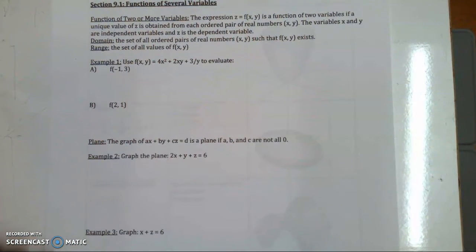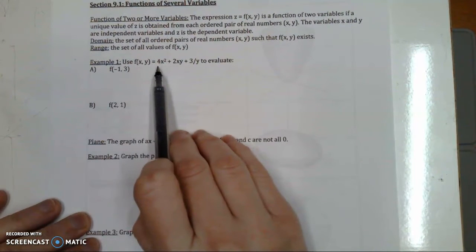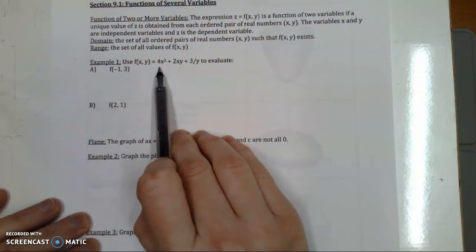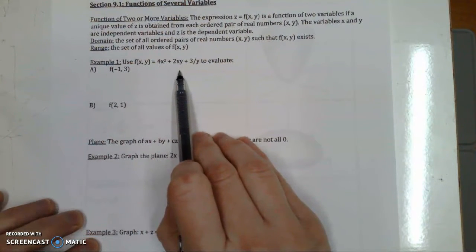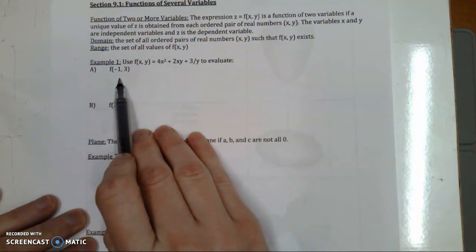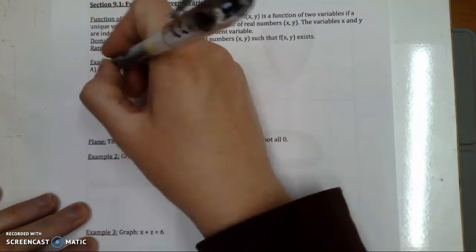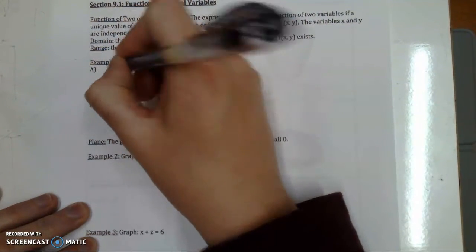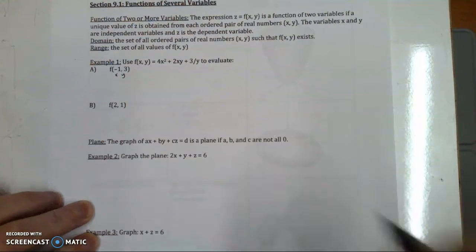Now the first thing we'd like to do is just to evaluate a function that has two variables. So here I've got f of x comma y is 4x squared plus 2xy plus 3 over y. And let's start by finding f of -1 comma 3. As per usual, the first number is our x, the second is our y.